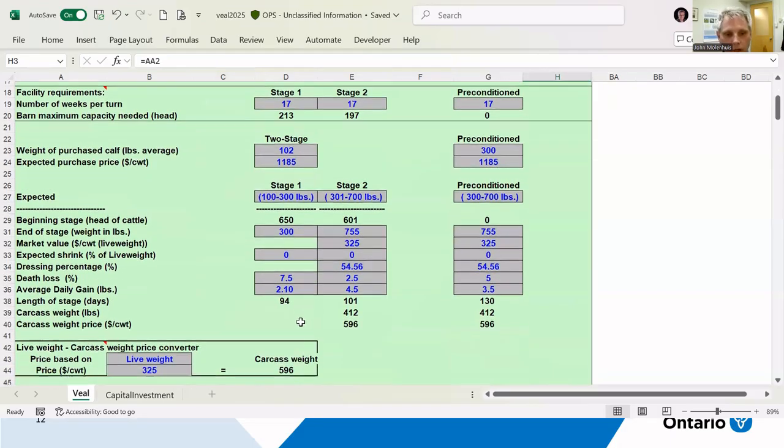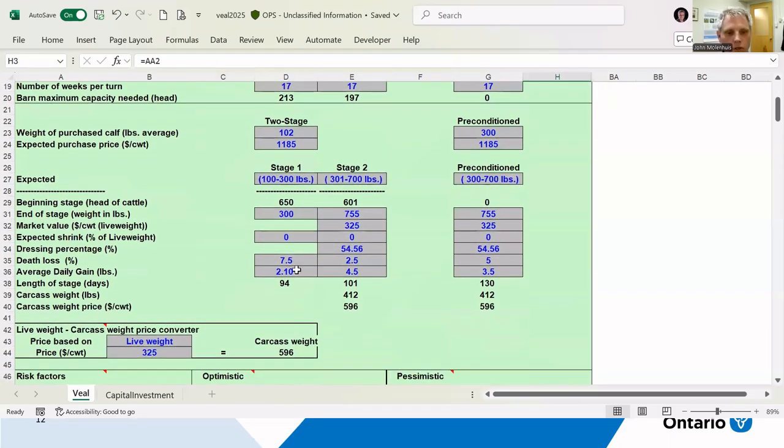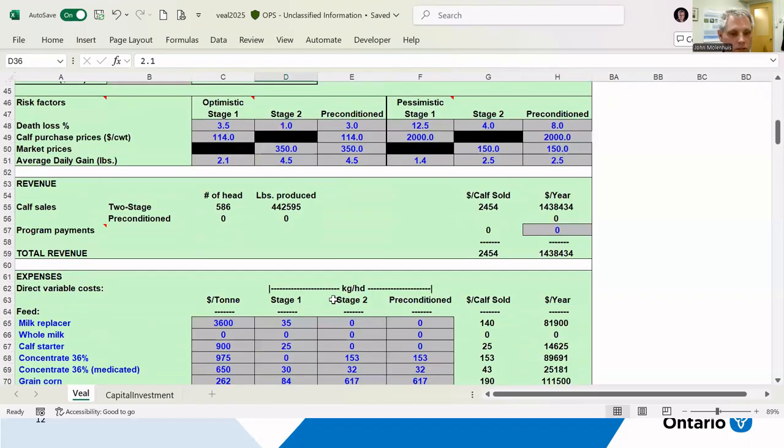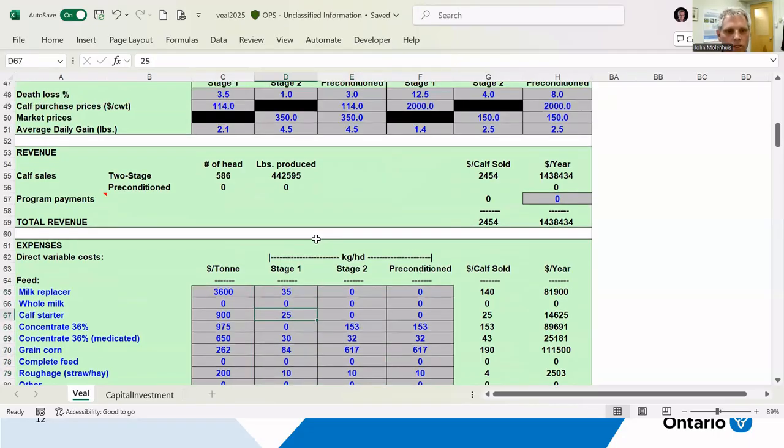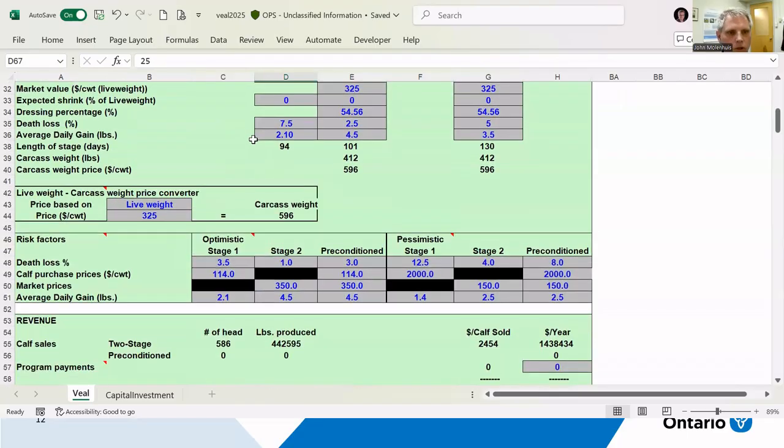I just wanted to point out that when you're changing any of these numbers, there are going to be changes in other areas. It's not as linear as a change in corn price or a change in market price. You're going to have less feed fed. You may be feeding different things. You're doing different things to achieve those better production factors. So if I decrease my death loss, you're doing things production-wise that allow you to do that.